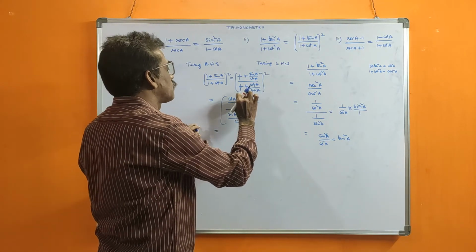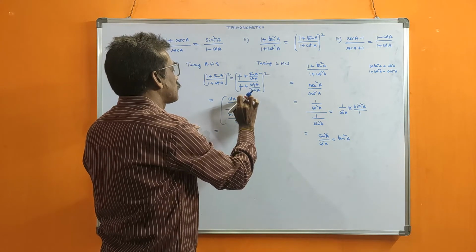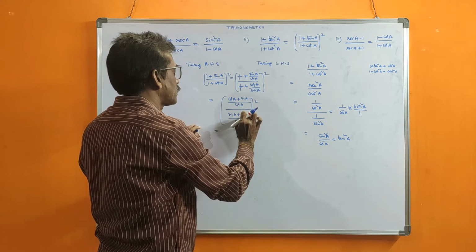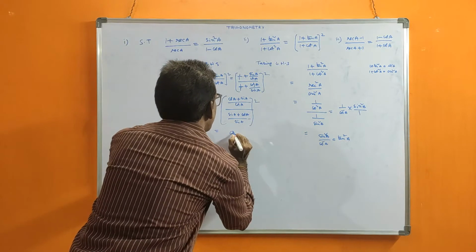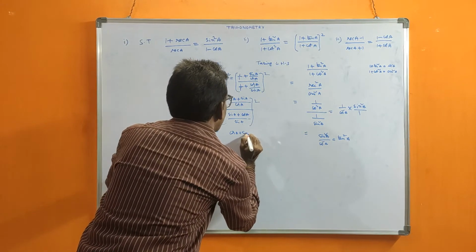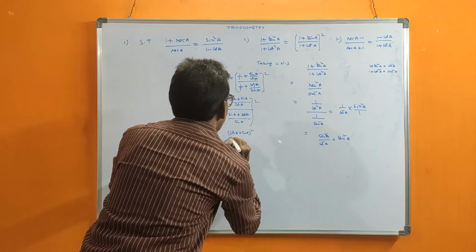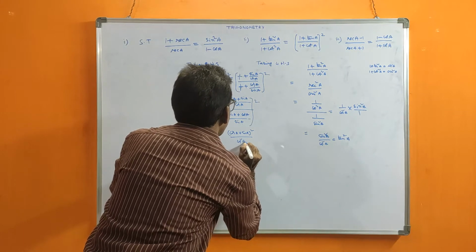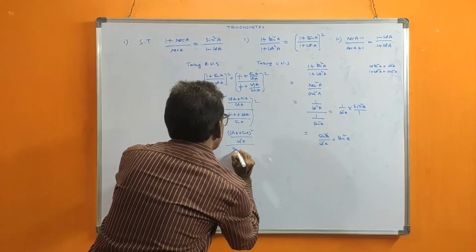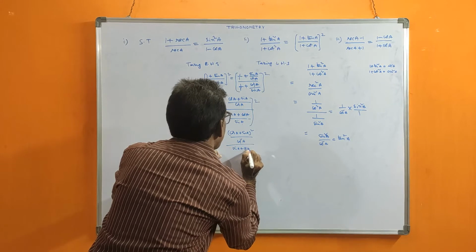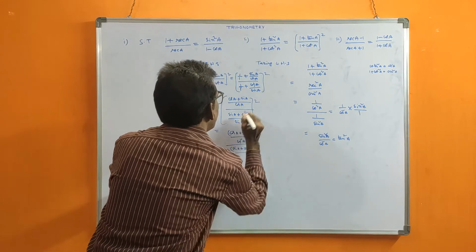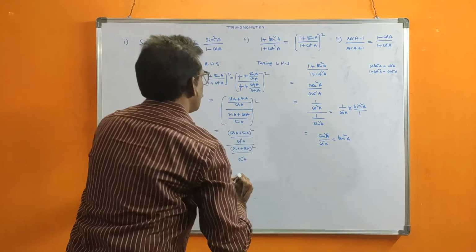In this also, again numerator and denominator, so square applies to each. So that's cos A plus sin A whole square by cos square A, by sin A plus cos A whole square by sin square A.